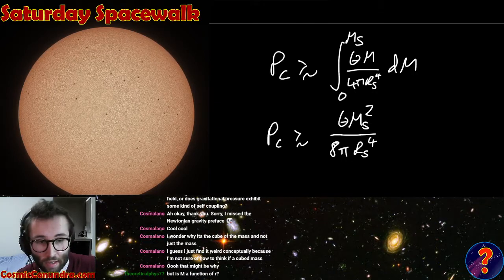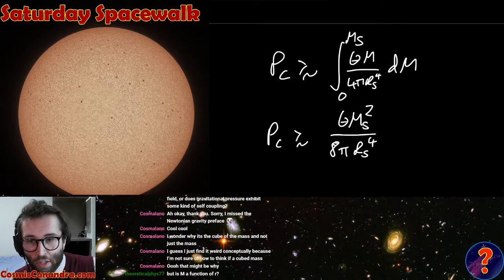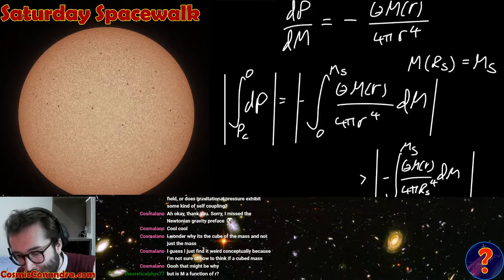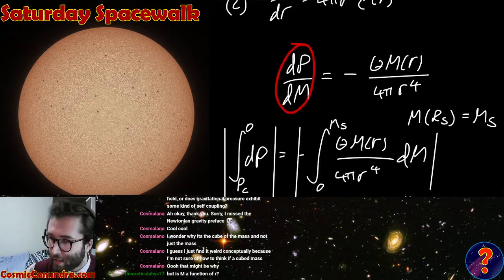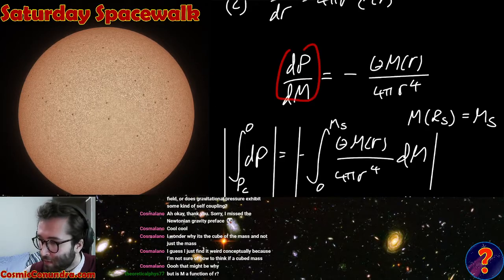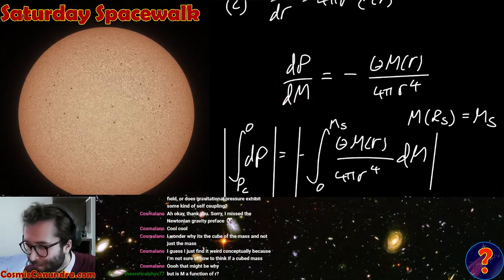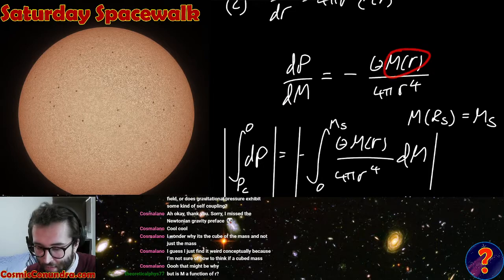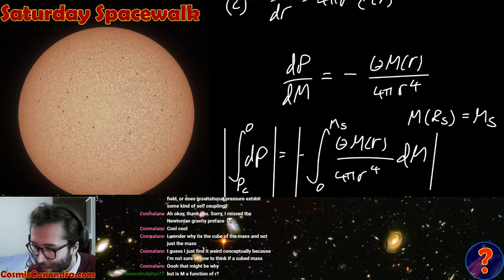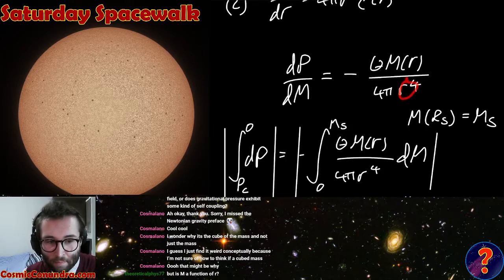M is a function of r, that's right. It's a function of small r, but remember what we did is, here we've got a differential equation that is in terms of m. Okay, so to solve this differential equation, we want to integrate with respect to m. So you're right, m is a function of r, and therefore, inverting that function, r is a function of m.